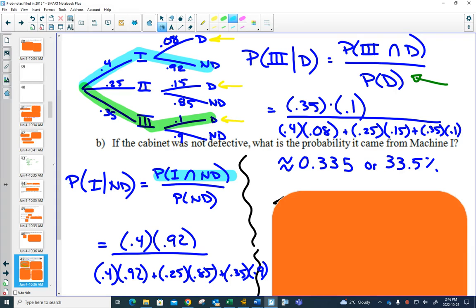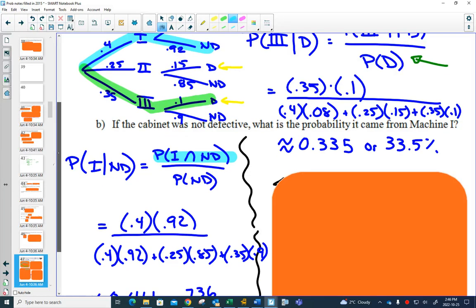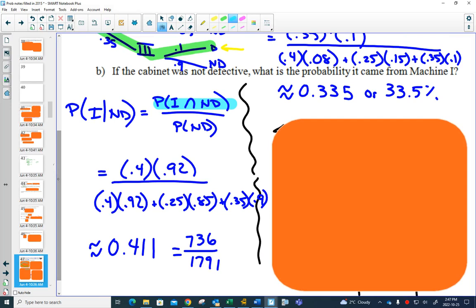And then there's 3 cases for it being not defective, and we would just have to add up all 3. And we happen to get 0.411.